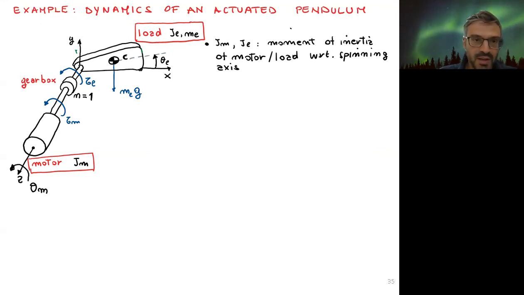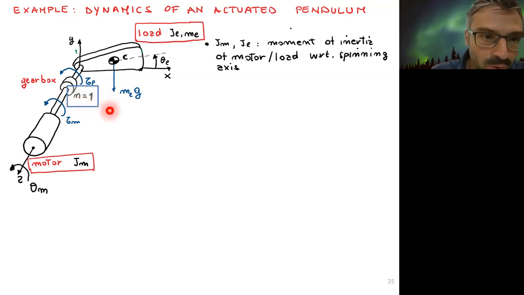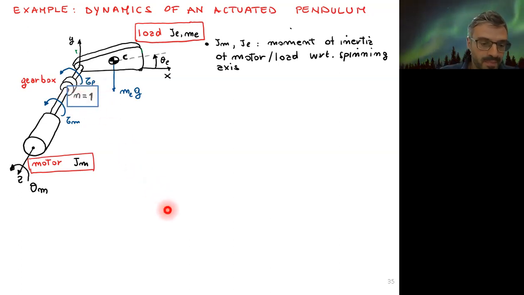So this is nothing more than an actuated pendulum, where we have a motor driving a load through a gearbox. The gearbox ratio is not equal to 1. It's just some reduction that could be 10 or 100, for example.